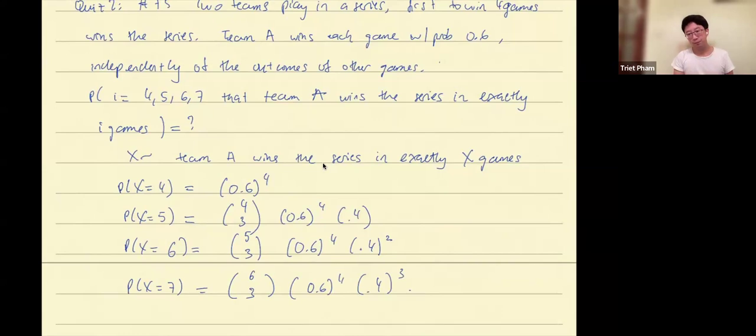Are we okay? All of these are the 3 first games that team A must win, and then the last one is a win. Okay, so far?